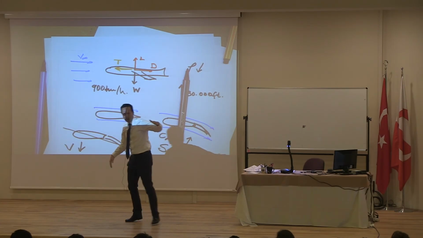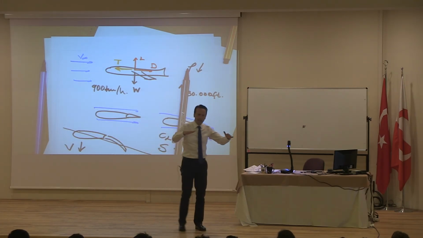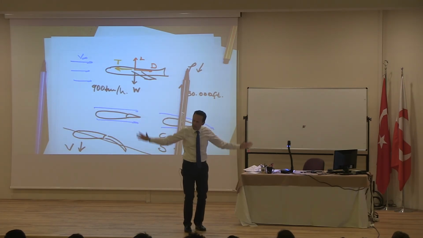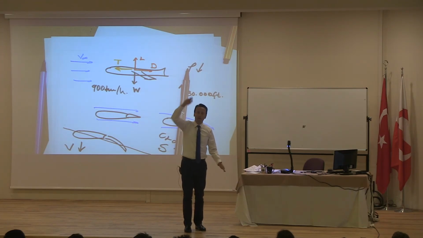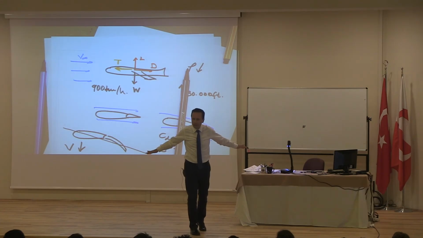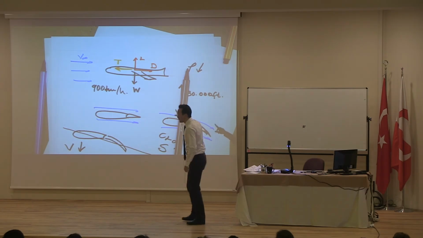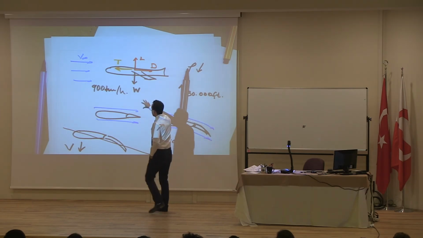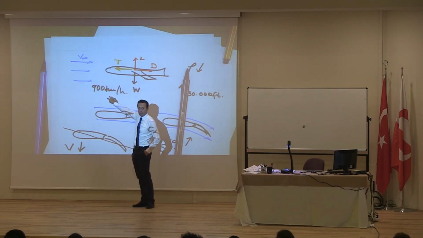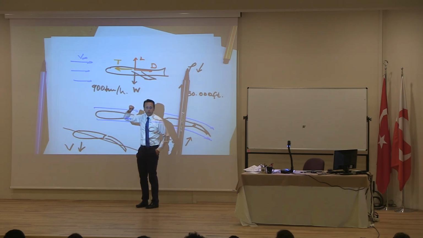Look at the birds do the same thing when they're landing. They have these big wings and they do this when they're landing, right? When they're up in the air, they're flying a lot nicer. They don't use much power, but they use a lot of power when they're landing, when they want to slow down. Same thing over here. So when you're landing and you have this low velocity, what's going to happen?